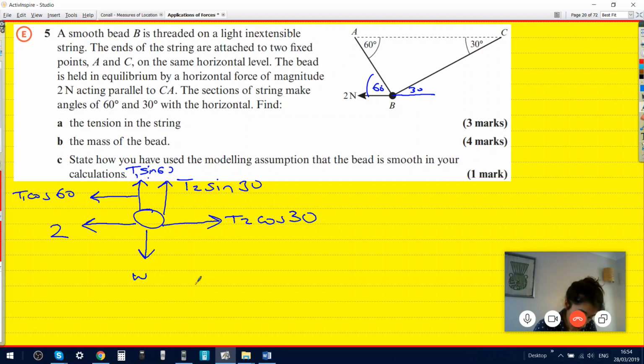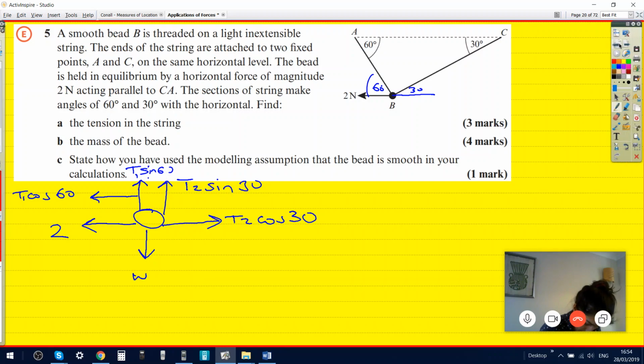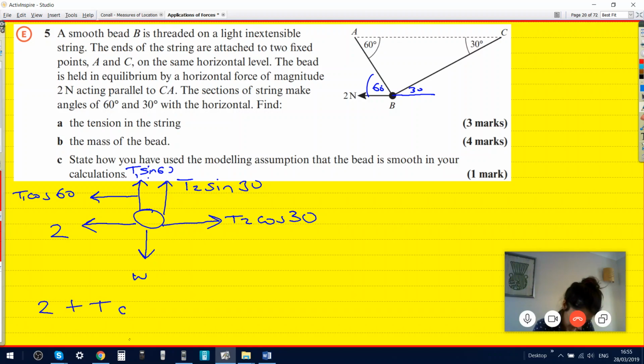T2 cos 30 minus T1 cos 60 minus 2 equals 0. And I believe the T's are the same. It's just T. So T cos 30 minus T cos 60 equals 2.